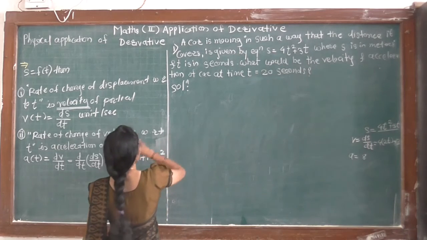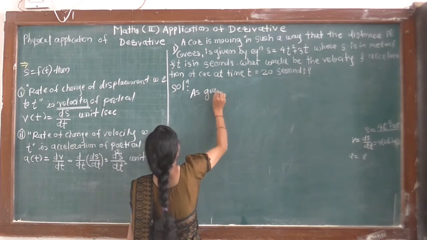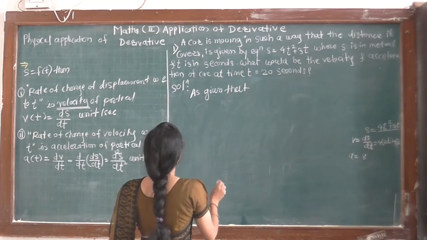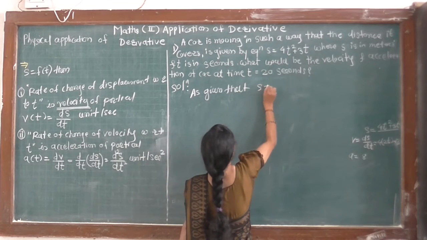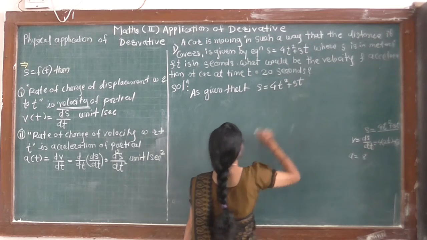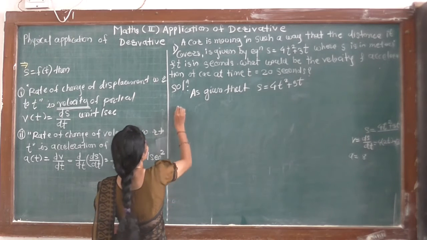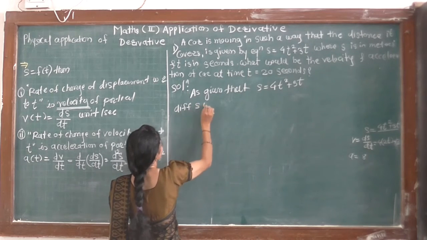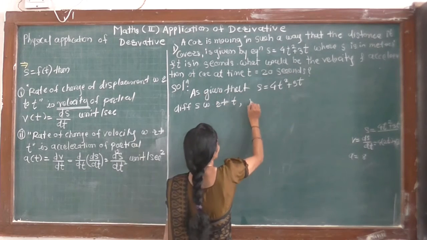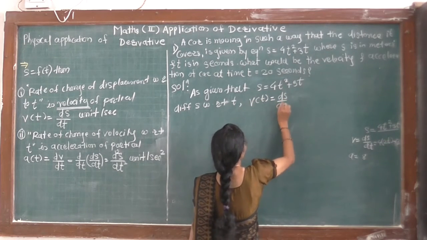So let me start. Solution: given that the distance covered by the car is equal to 4t square plus 3t. Differentiating this, we get the value of velocity. Therefore, differentiating s with respect to t, we get v at t is equal to ds by dt.